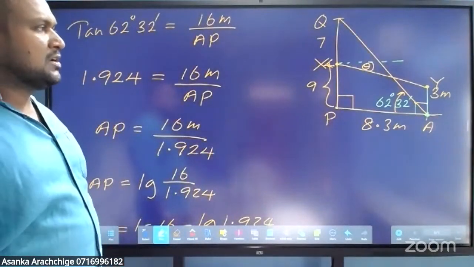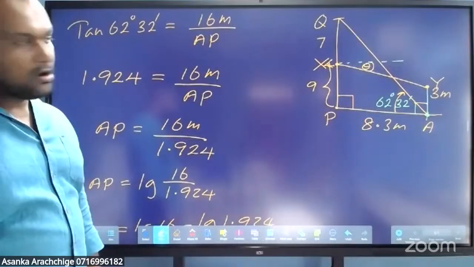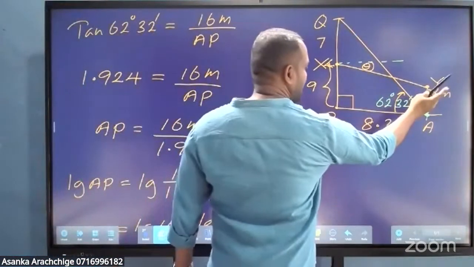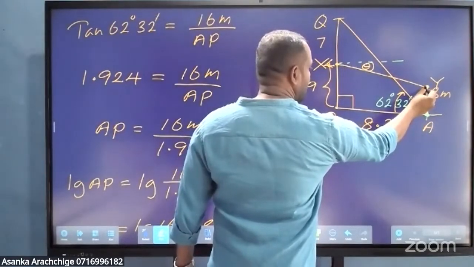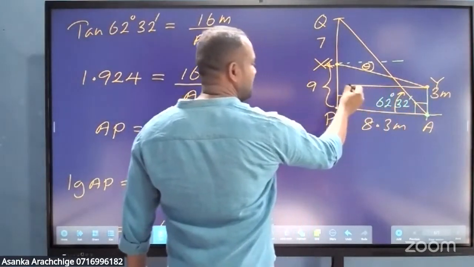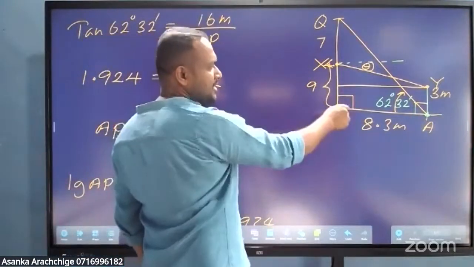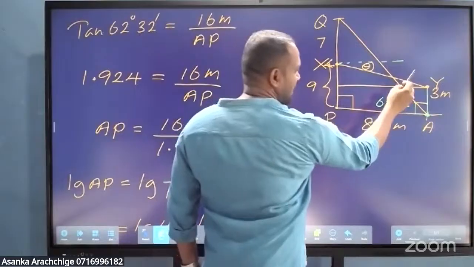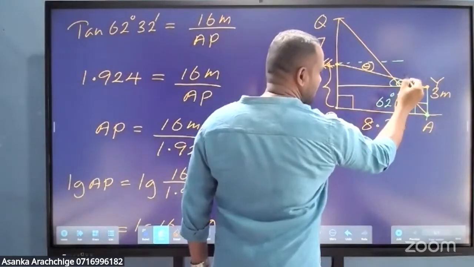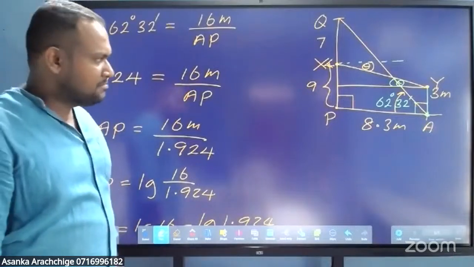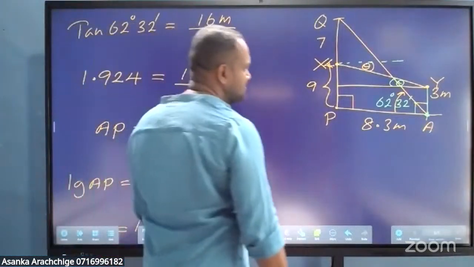If we draw a horizontal line from the hand up to this tree, this is theta, this angle also theta, because they are alternate angles between parallel lines, right?